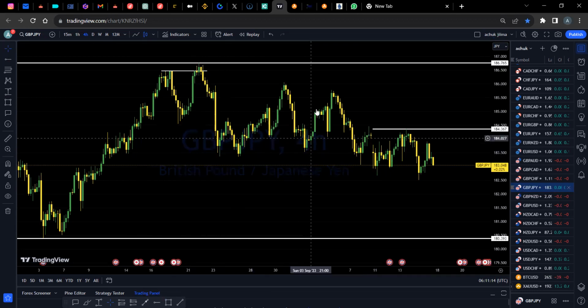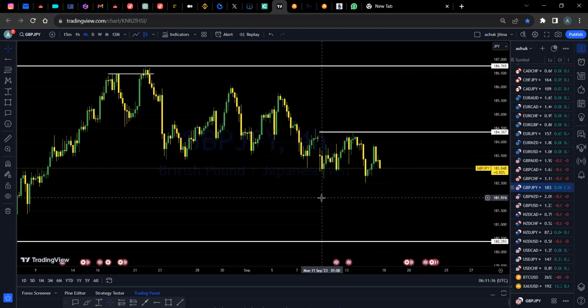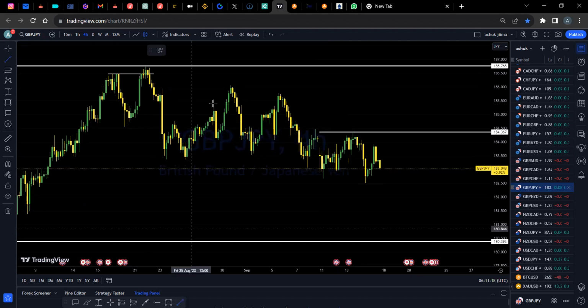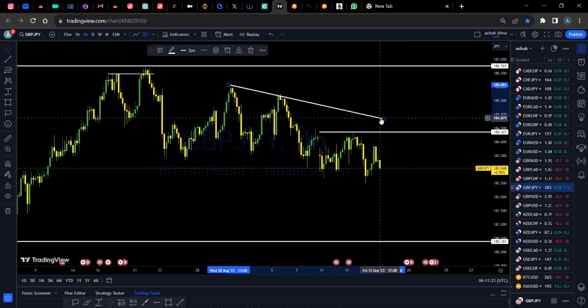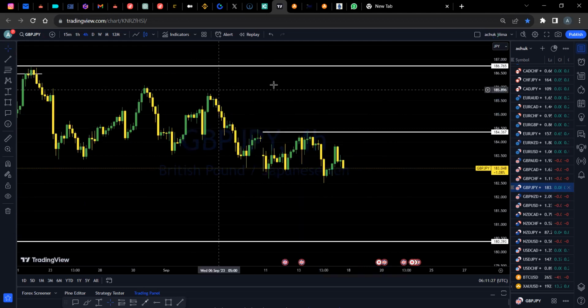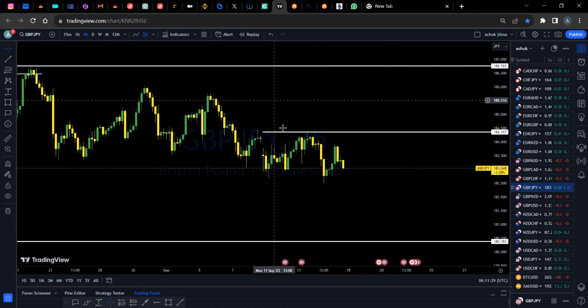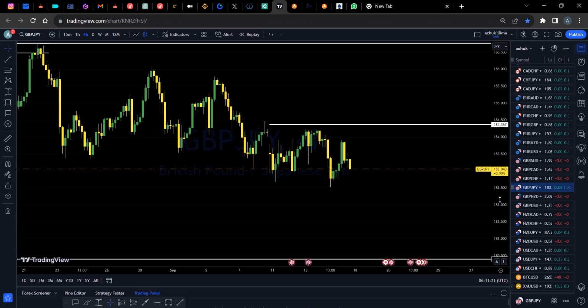So we have been seeing this movement. What does it mean? The market is failing to break the previous highs. These highs are not being broken. So as the market fails to break the previous high, what does it mean? It means there is a downtrend.